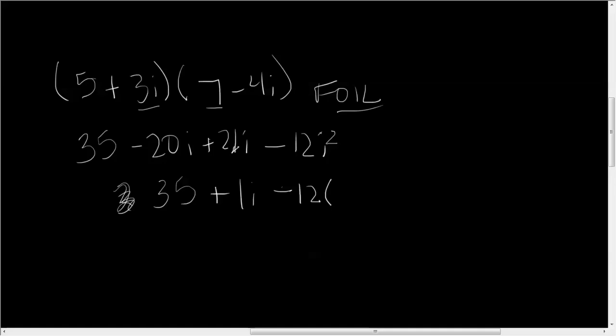And i squared is really worth negative 1. So that makes this value, negative 12 times negative 1, is really 12. If I just bring everything down, now I can combine these. These are now both real numbers. So I have 47 plus 1i.